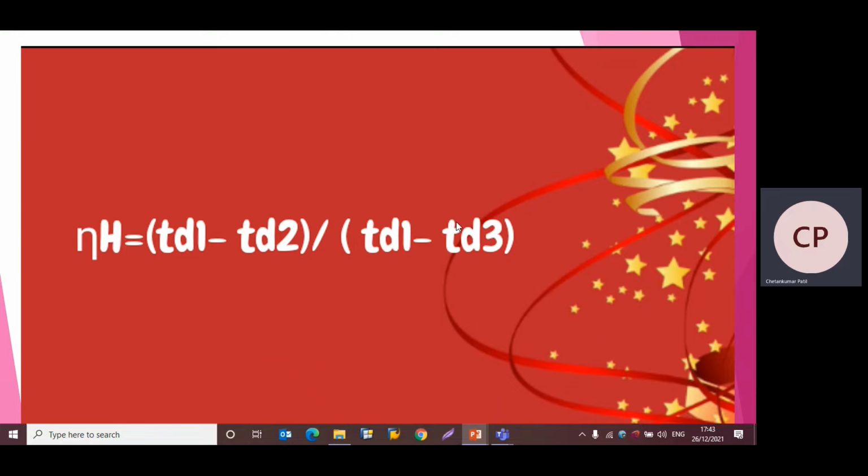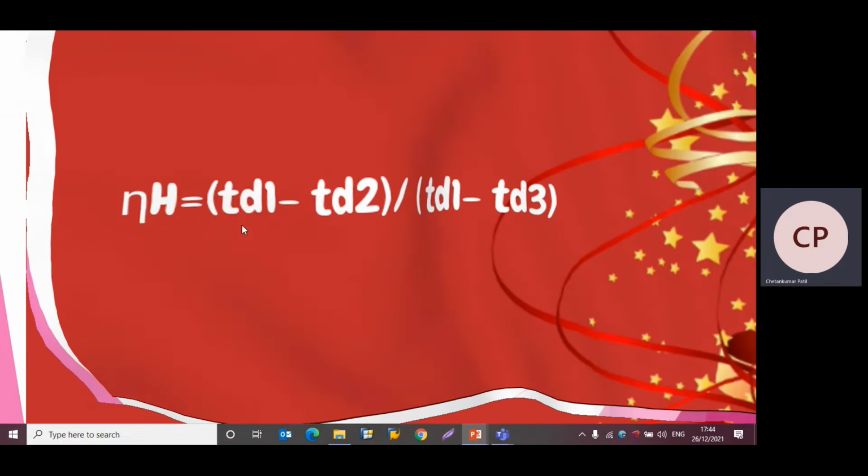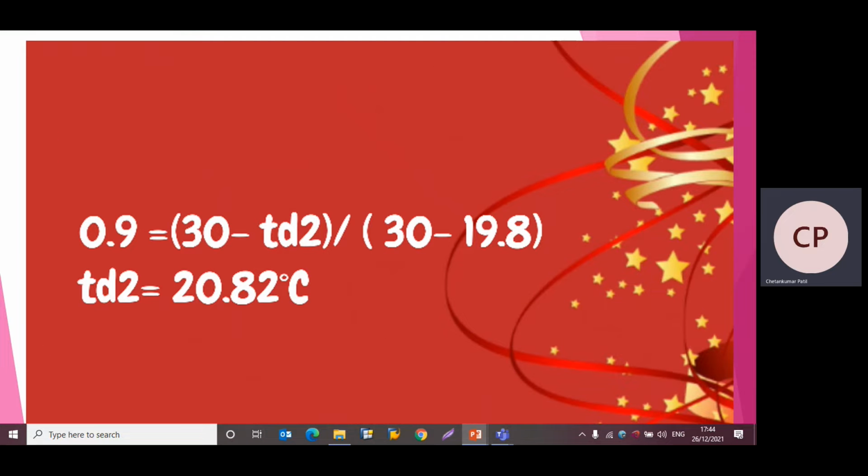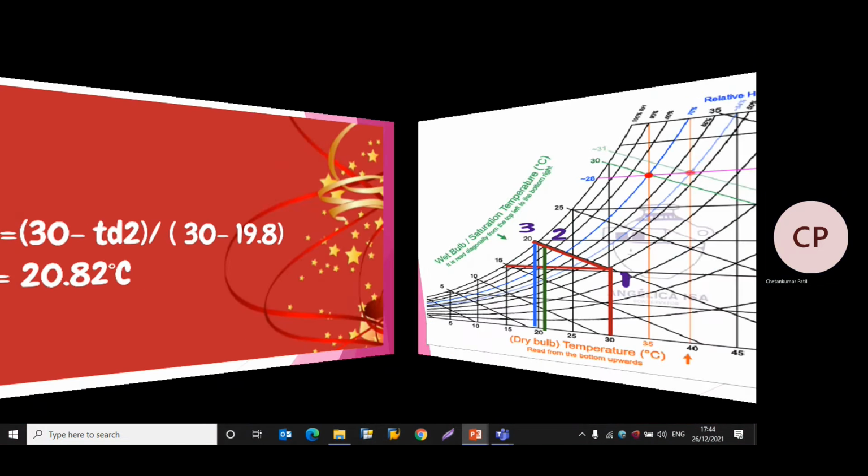And TD3 is also already selected. So now we can easily find the dry bulb temperature at point 2. We just have to put in the values, and TD2 is equal to 20.82 degrees Celsius. So we have to select this temperature.